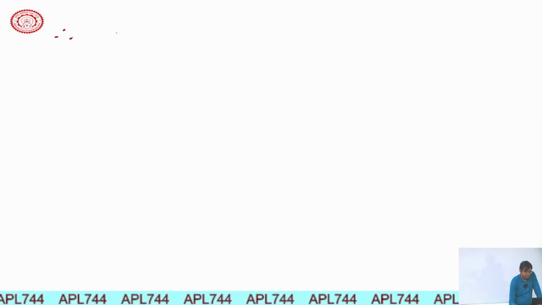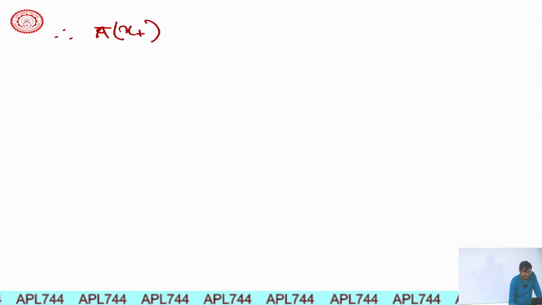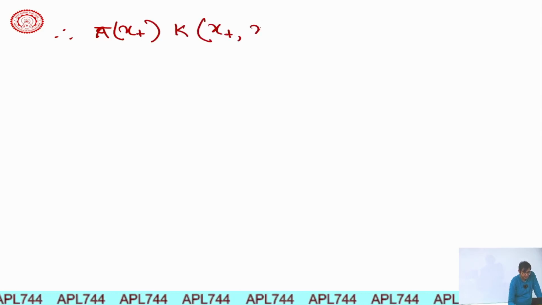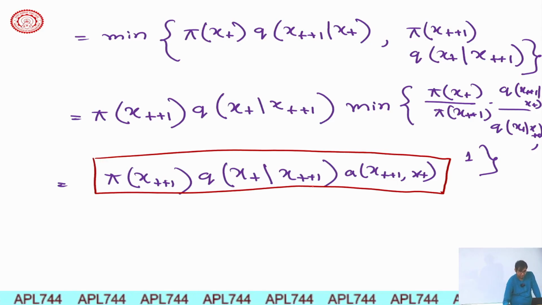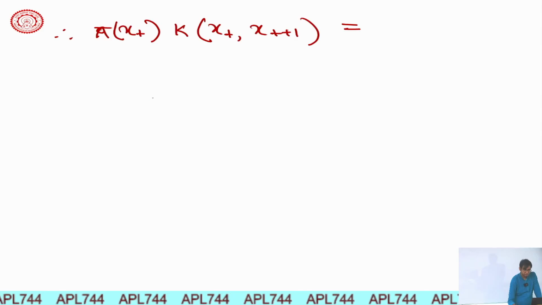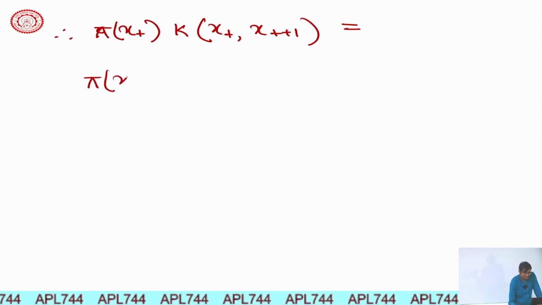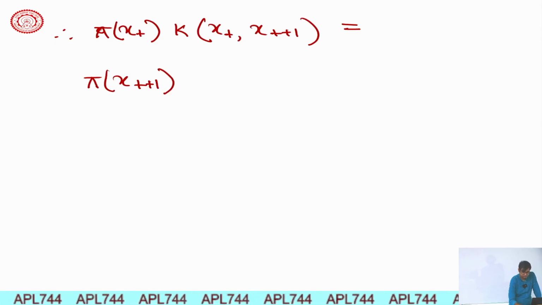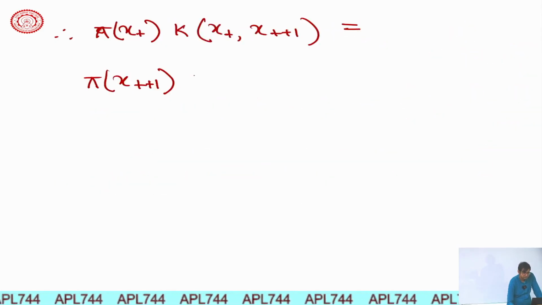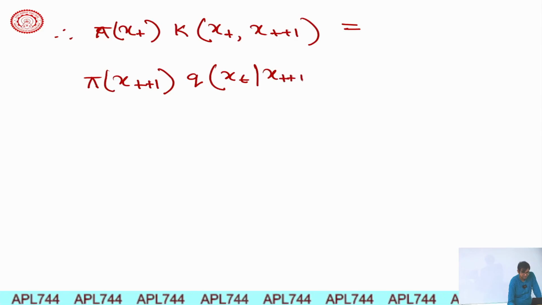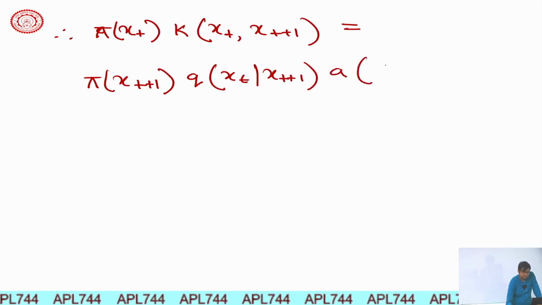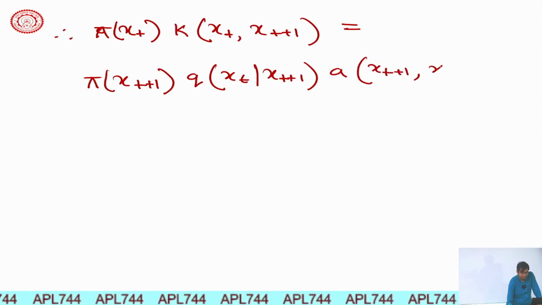So therefore, what will I get? You tell me. So therefore, pi of xt k xt comma xt plus 1 is equal to the first, I will get this one. So this is pi of xt plus 1 q of xt given xt plus 1 a of xt plus 1 comma xt.